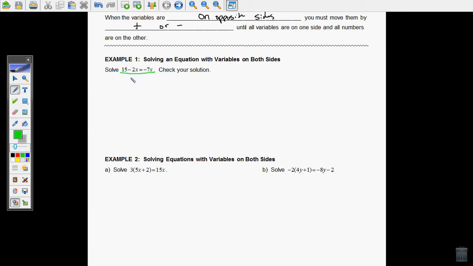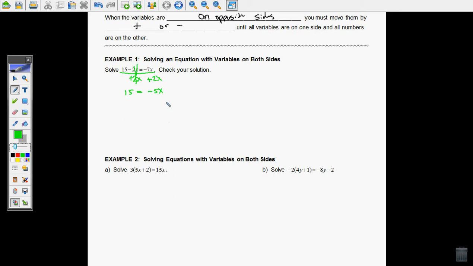So I'm going to do inverse operations. I'm going to add 2x and add 2x to keep it balanced. On the left side, negative 2x and positive 2x, leaving just the 15. And on the right side, negative 7x and positive 2x gets negative 5x.